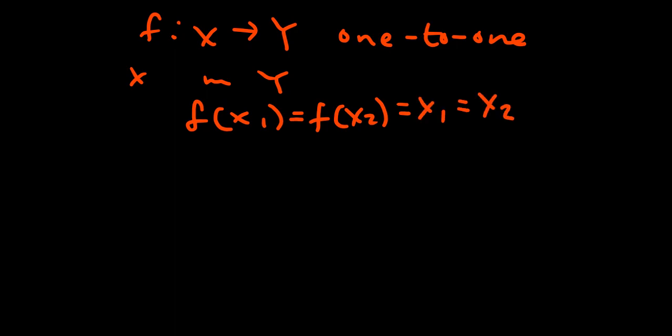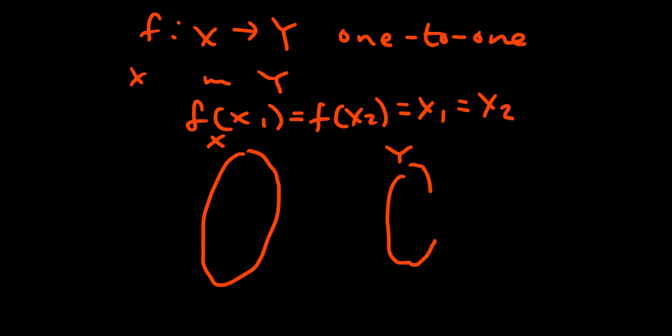So let's look at an example. An example can be this arrow diagram, where this is my x and I have another one denoting my y. So if I have x1, x2, x3, x4, and y1, y2, y3, y4, then these x's must correspond only to one y.